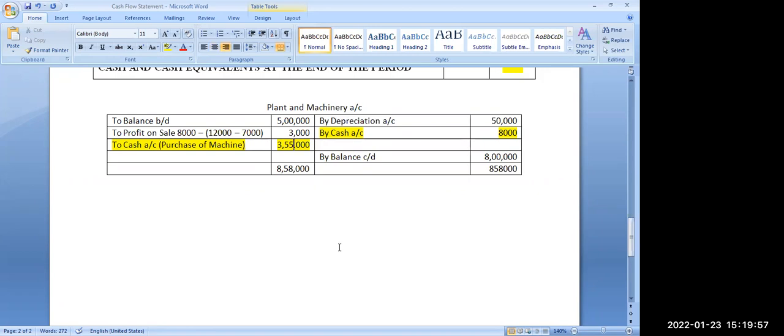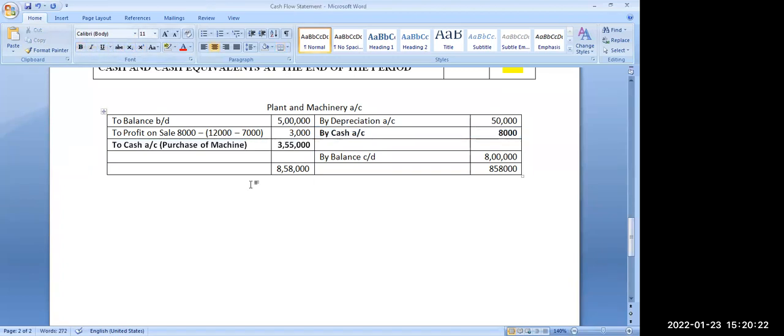So we write it in the investing activity outflow, 3,55,000. Sale of machinery, 8,000 rupees, is an inflow. I just noted which items need to be taken to the cash flow statement.